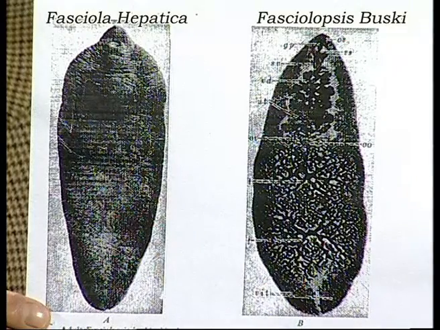So we have seen two types of these trematodes today. One is Fasciola hepatica, and the second one is Fasciolopsis buski. Fasciola hepatica is found generally in our herbivores like sheep, goat, and other animals, while Fasciolopsis buski is found in the intestines of man.